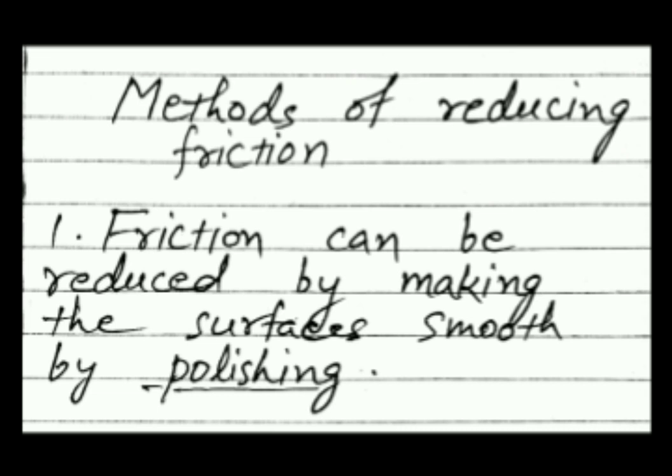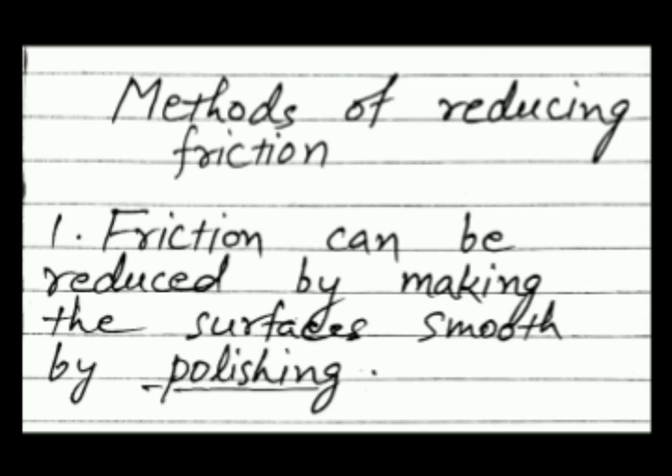As an example, a slide for children in the park is polished to make its surface smooth and to reduce friction. Due to this, children can slide down easily over it.